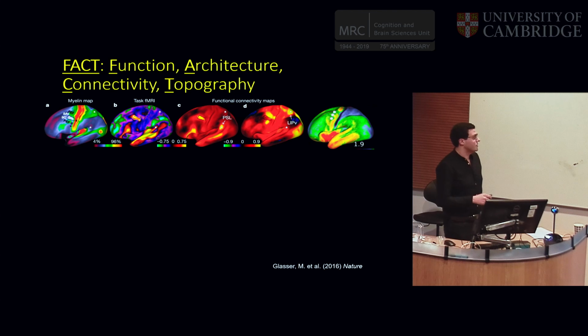I'll just guide you through how they define one area. For example, area 55b is more lightly myelinated than the surrounding ones. It's selectively activated during a language task. It has a unique connectivity profile to some temporal regions, not the dorsal visual regions, and it's thicker than the surrounding regions.